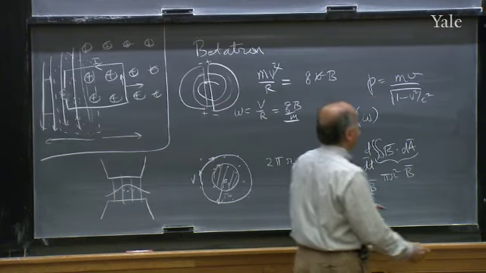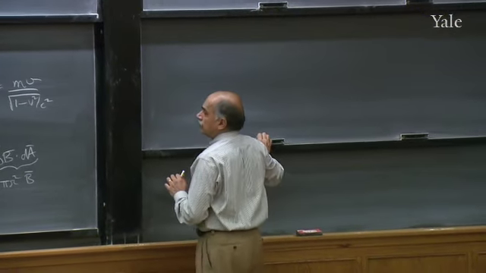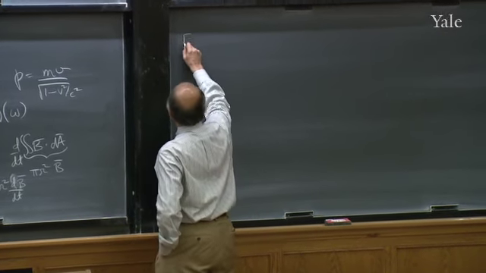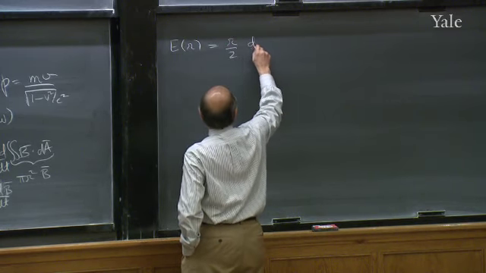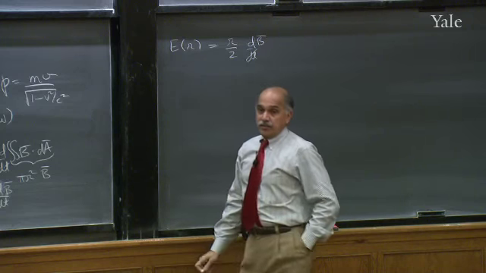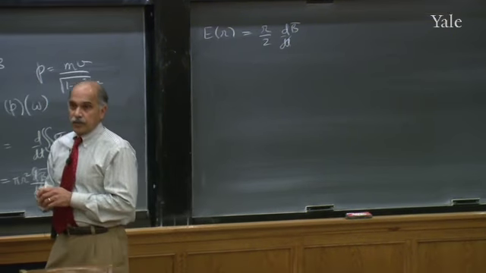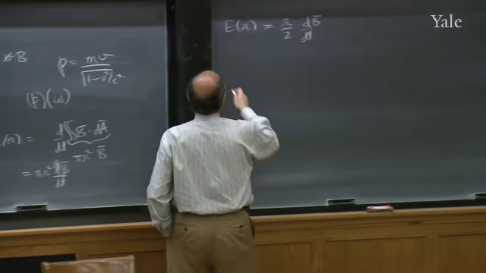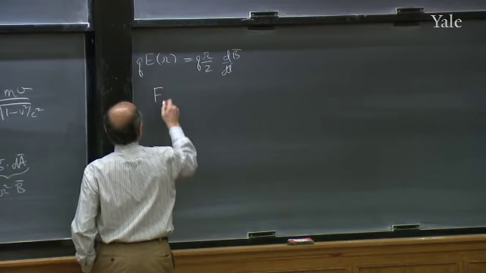So I'm going to write now the equation I get. E of r, if you solve for it, is going to be r over 2 times d by dt of the average B. Average is inside the circle of radius r. Now, if that's the electric field, you multiply both sides by q, which is the charge of the object, that's the force.